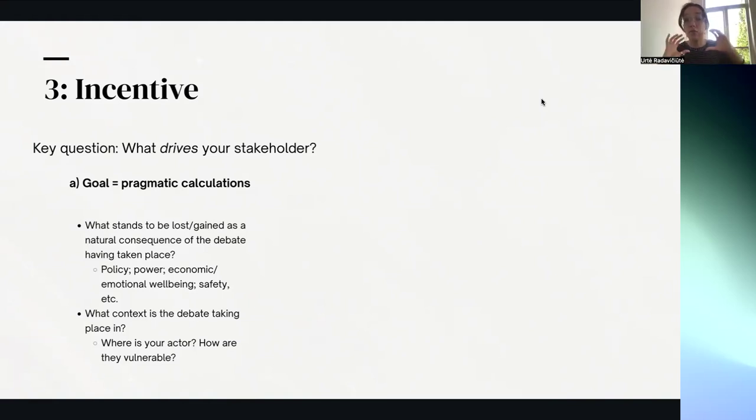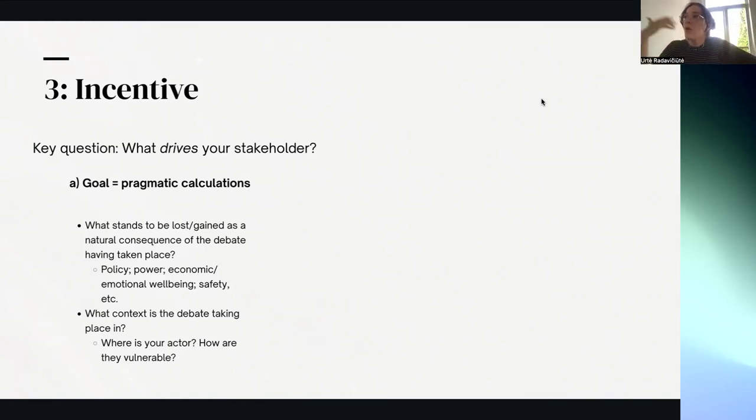So this you have to really, really clarify for yourself once you're constructing an argument. And then the second part, to coming to terms with what the pragmatic calculations of your stakeholder is, is what is the context that the debate takes place in. If we're behind a sort of veil of ignorance, that doesn't really work.